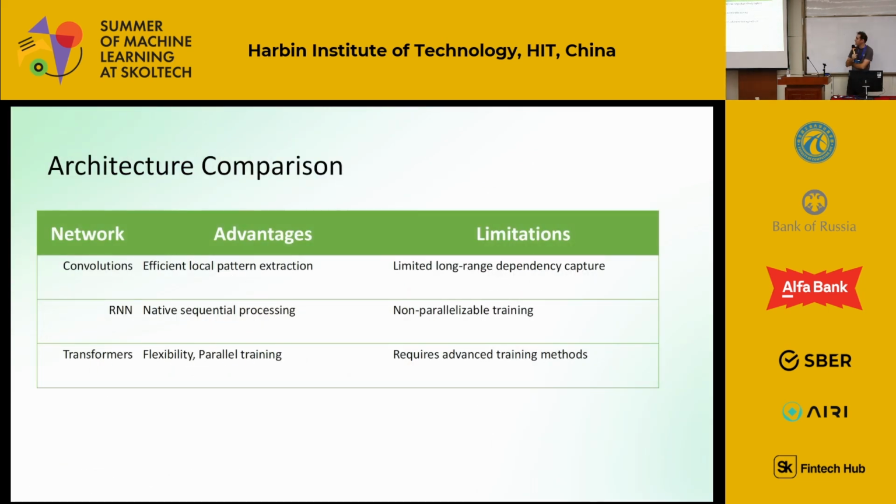So when we look at the architectures for sequential processing, we see that transformers are the most promising way, but they require resources and data.